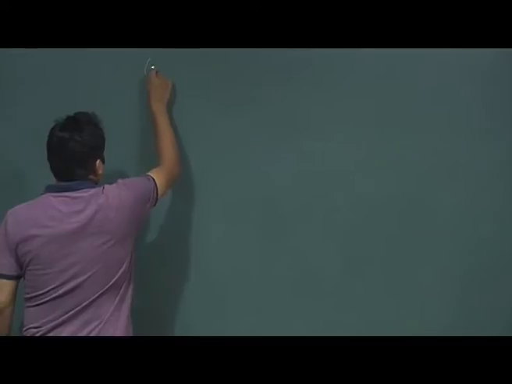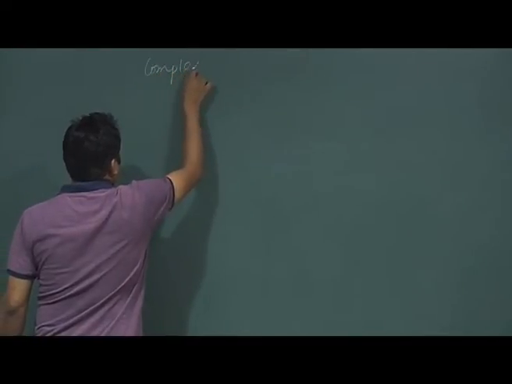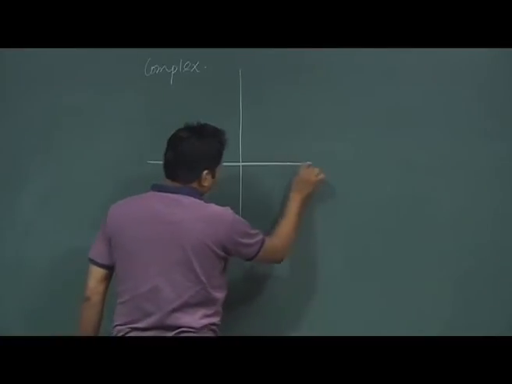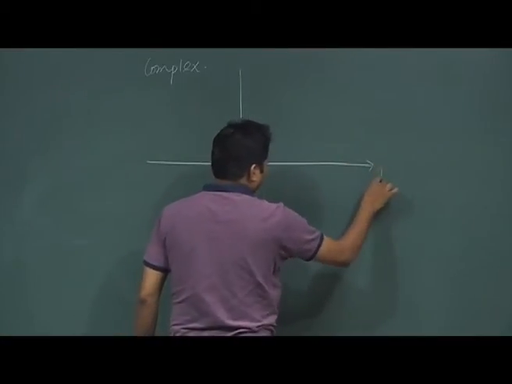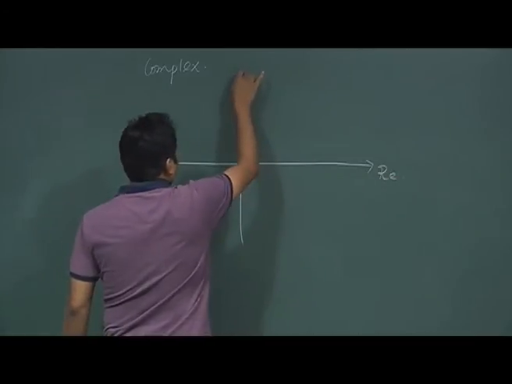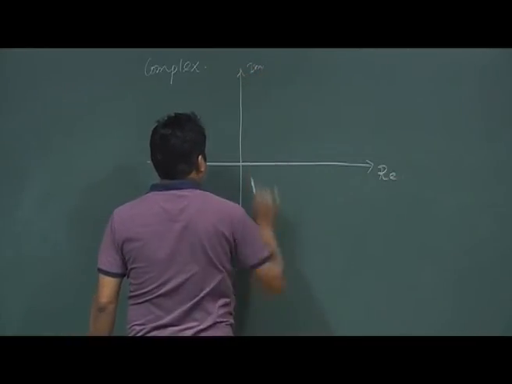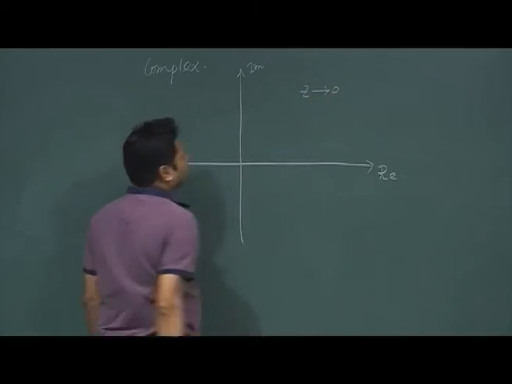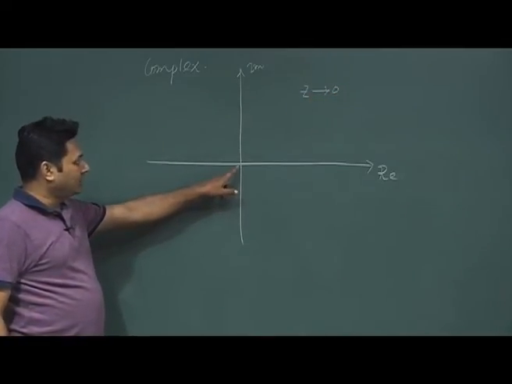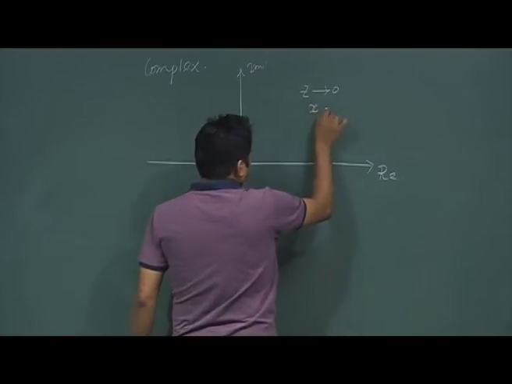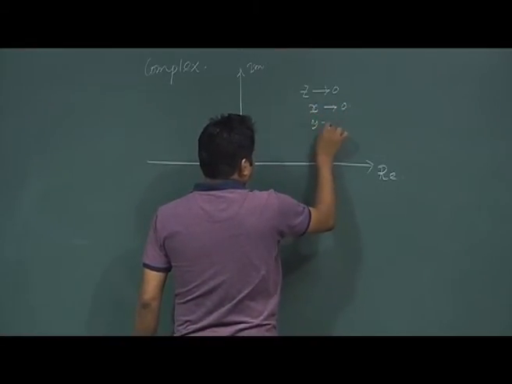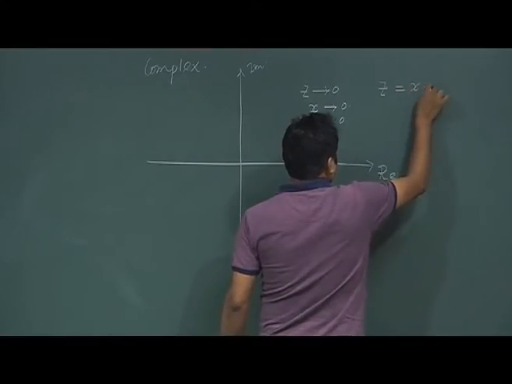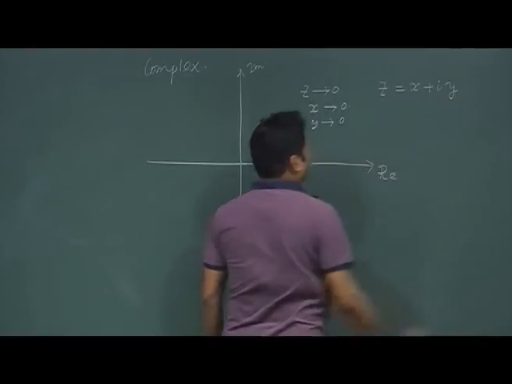In the complex case, we have a plane here. Again, you should remember that here we are dealing with the plane. Here we have the real axis, here we have the imaginary axis. If I say z tends to 0, that means I am going to the point z equal to 0, which means x tends to 0 and y tends to 0 individually, because z is equal to x plus iy.